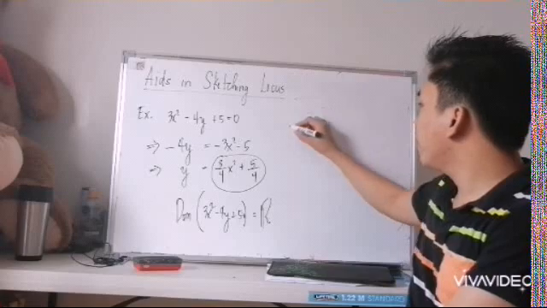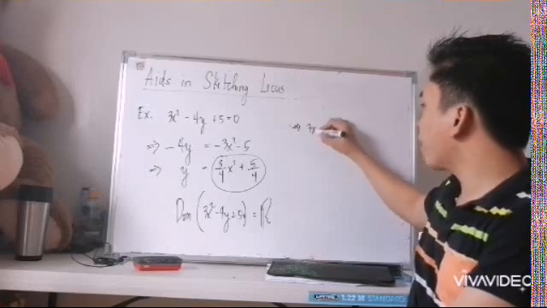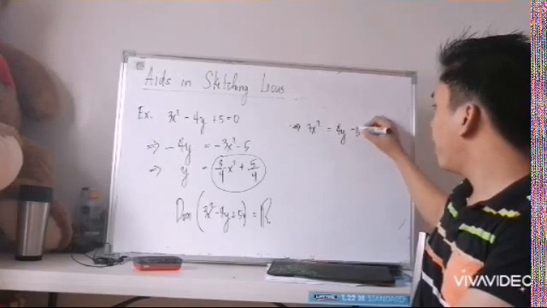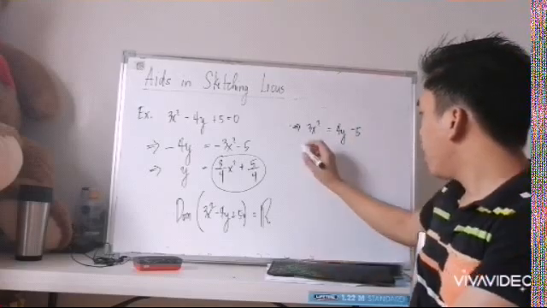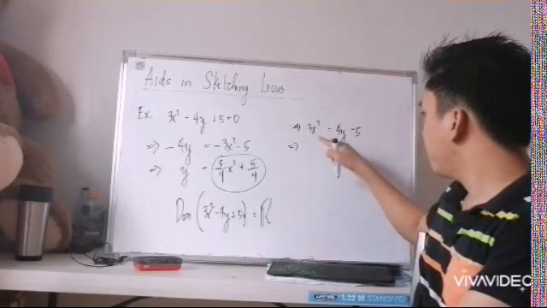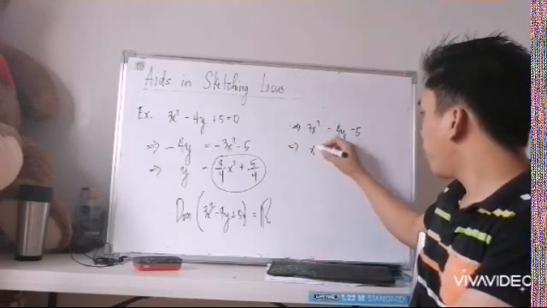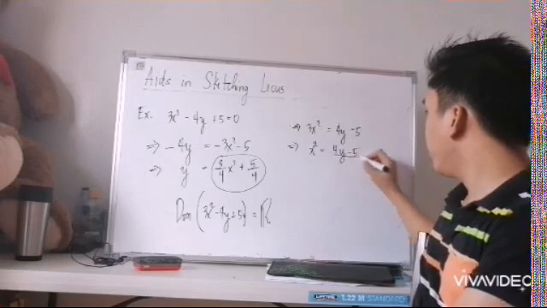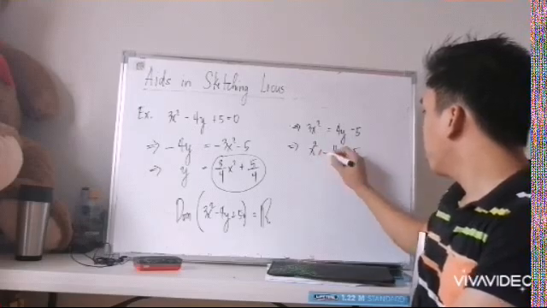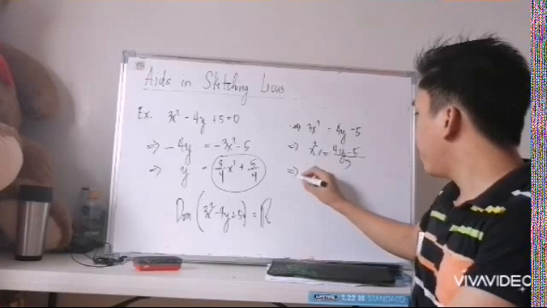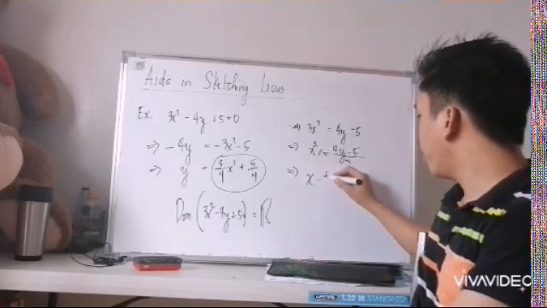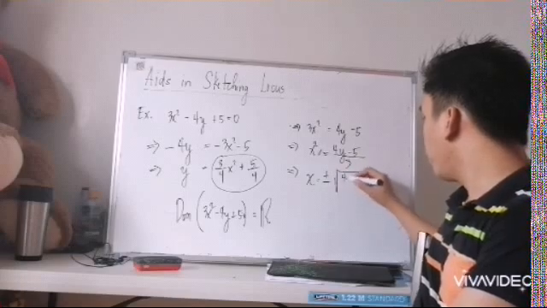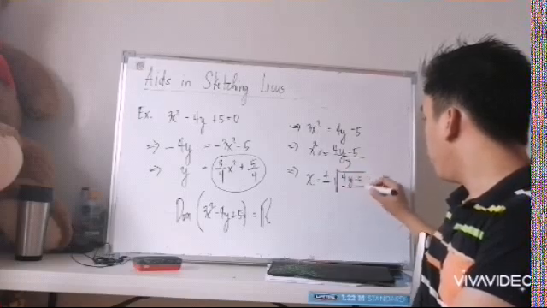So we have 3x squared equals 4y minus 5, and this becomes x squared equals (4y minus 5) over 3, which implies that x is equal to plus or minus the square root of (4y minus 5) over 3.